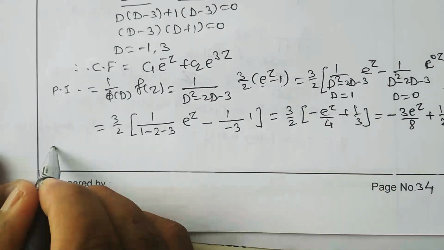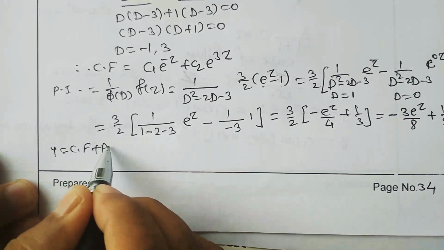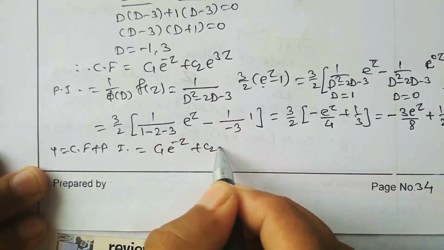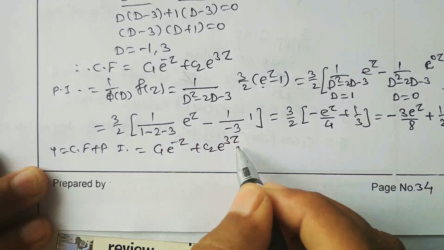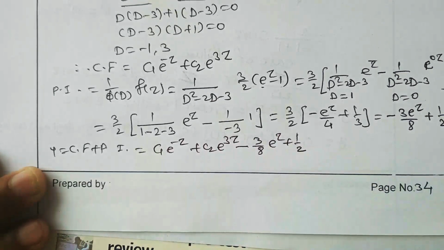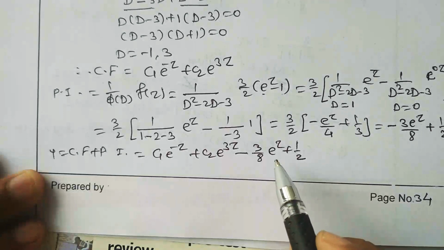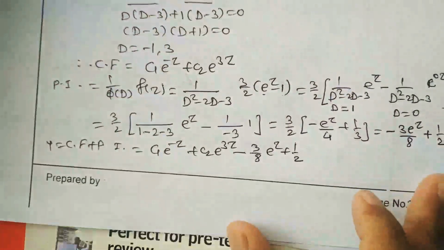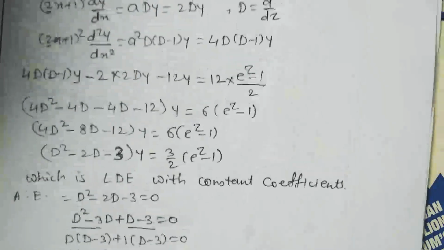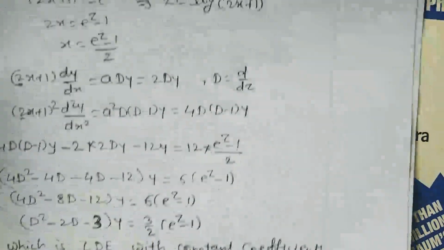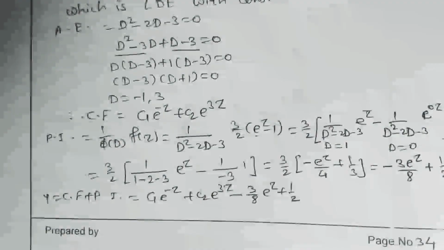Therefore y = CF + PI. CF is c1 e^(−z) + c2 e^(3z), and PI is −3/8 e^z + 1/2. Now again, using resubstitution, convert z in terms of x. The value of z is log(2x+1).